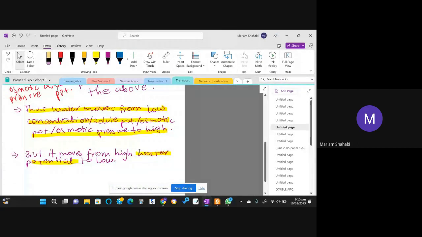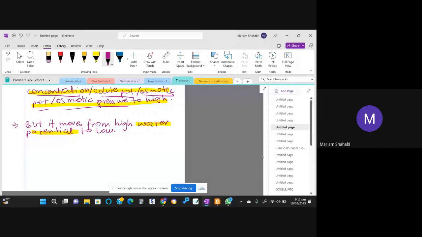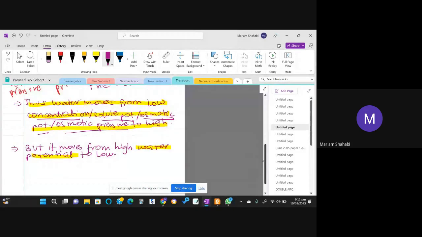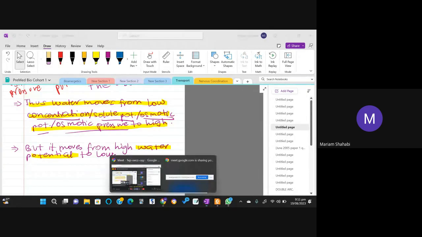So we can say कि water moves from low concentration or low solute potential or low osmotic potential or low osmotic pressure to high. ठीक है, concentration, solute potential, osmotic potential, osmotic pressure. तो अगर कोई पूछे कि water moves from dash osmotic potential to dash osmotic potential, तो the answer would be from low to high because it means the same thing as concentration of the solute. ये समझ आ रहा है?